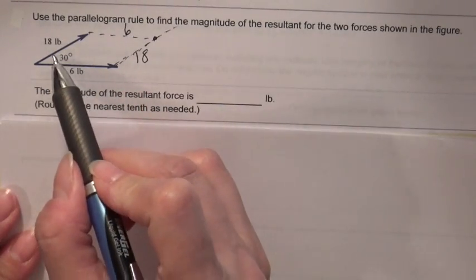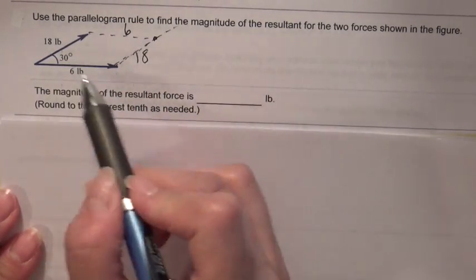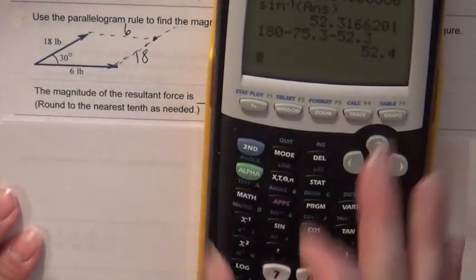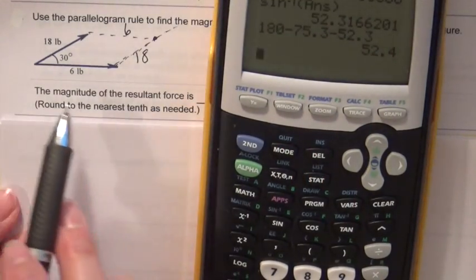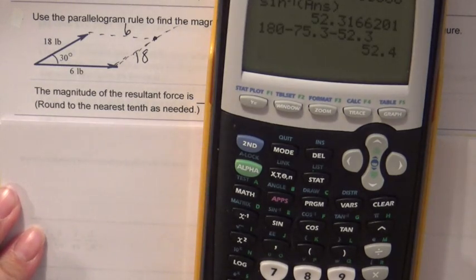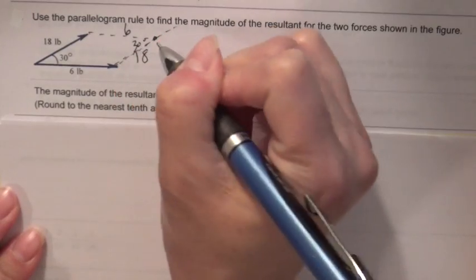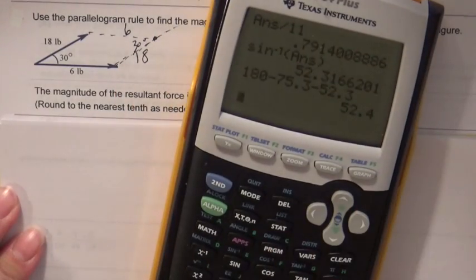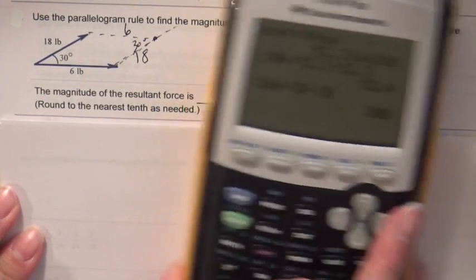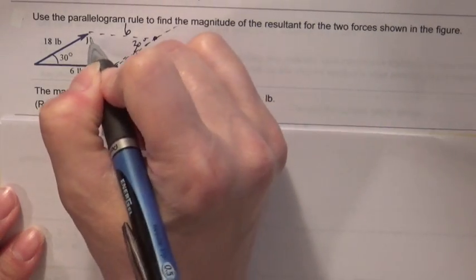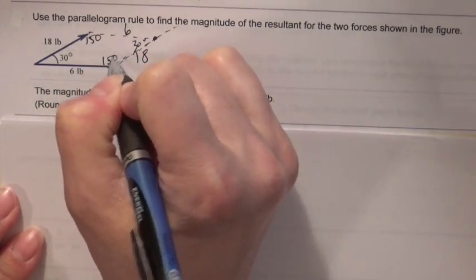Okay, the angle here is 30, so we can get the remaining angles for the parallelogram. We know there's a total of 360 degrees in the whole thing. The angle over here is also 30 degrees, and then 360 minus 30 minus 30, that's 300. And then divide 300 in half. So you put 150 here, 150 here.